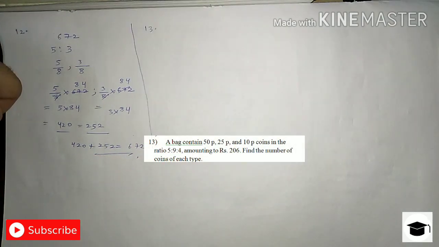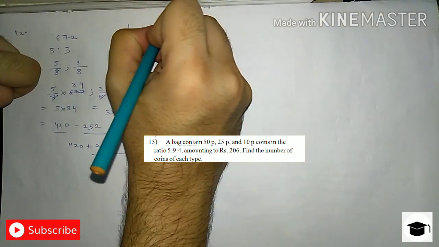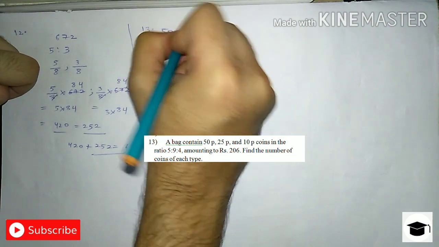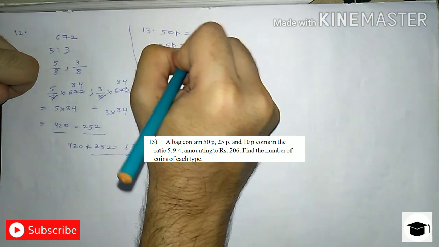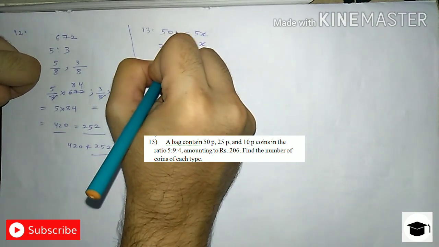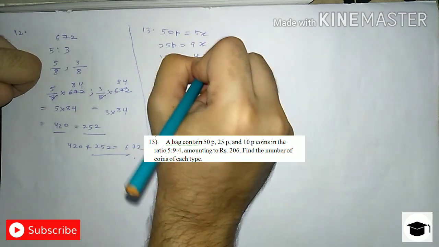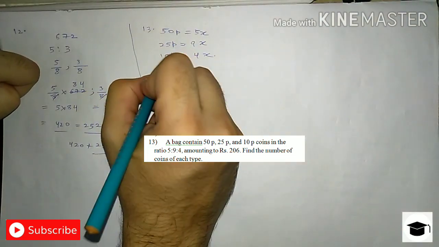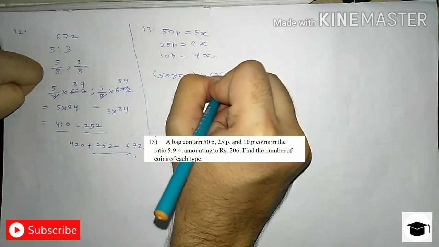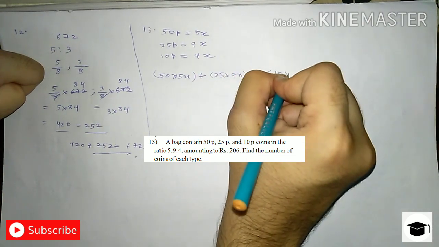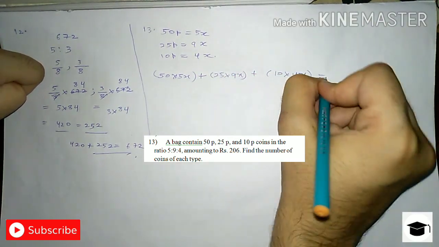A bag contains 50 paise, 25 paise and 10 paise coins in the ratio of 5:9:4 amounting to rupees 206. Find the number of coins of each type. So let us consider the number of 50 paise coins equal to 5x, 25 paise coins equal to 9x and 10 paise coins equal to 4x. So you can write that 50 into 5x plus 25 into 9x plus 10 into 4x equal to 206 rupees.